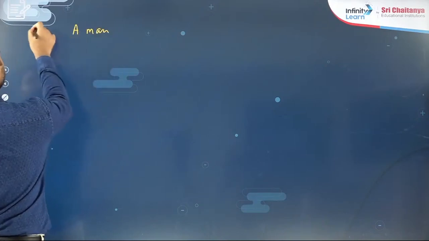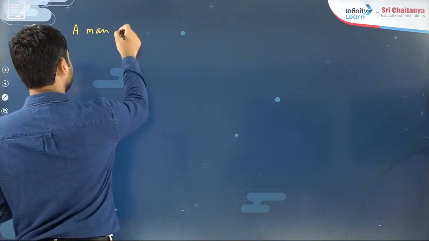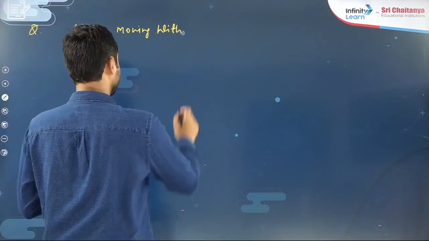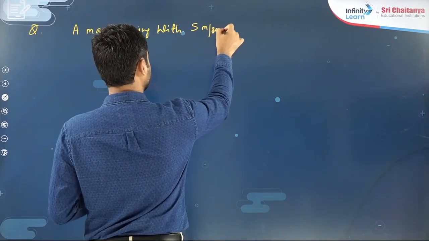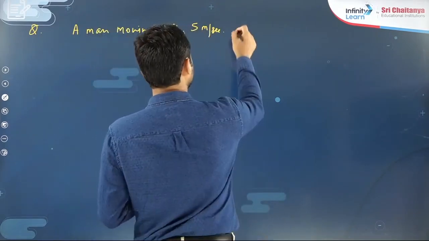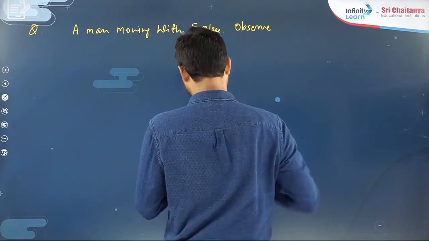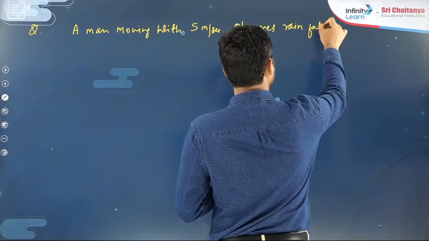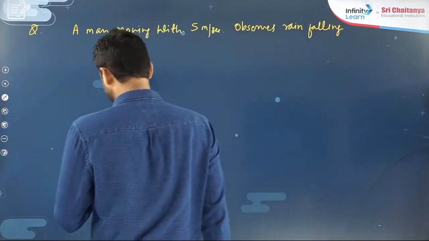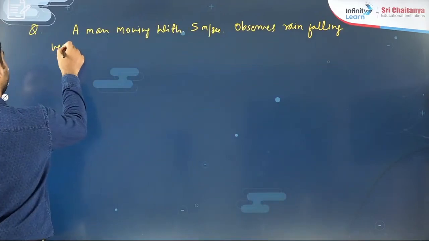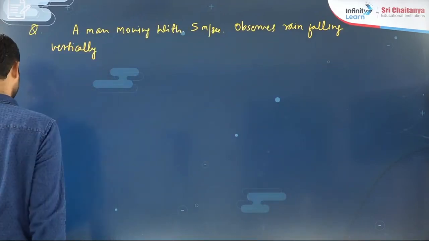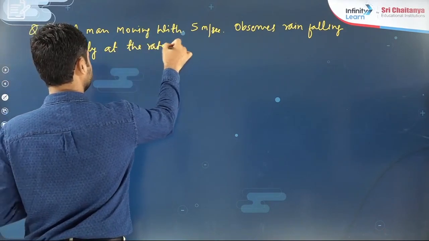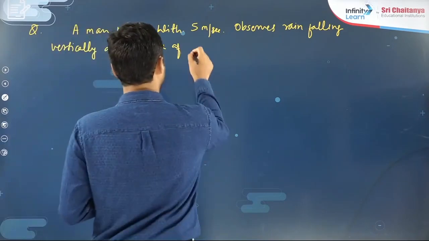A man moving with 5 meters per second observes rain falling vertically at the rate of 10 meters per second.